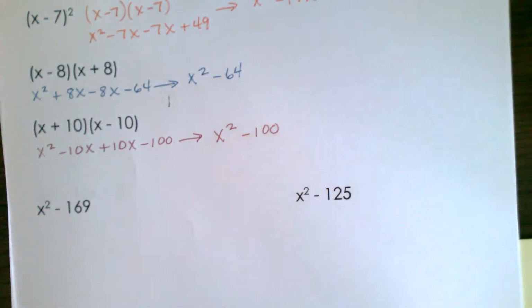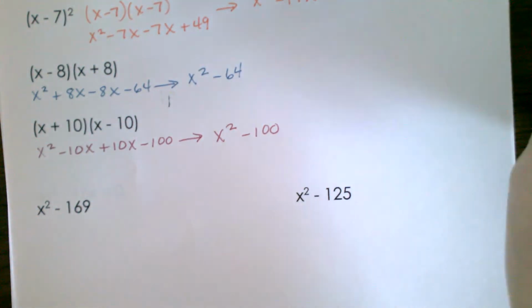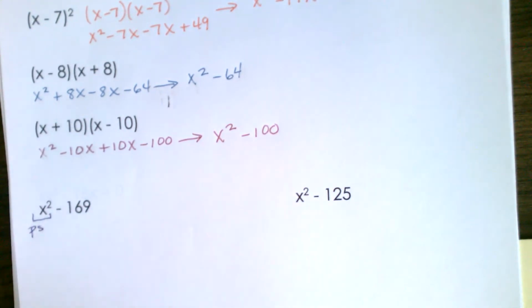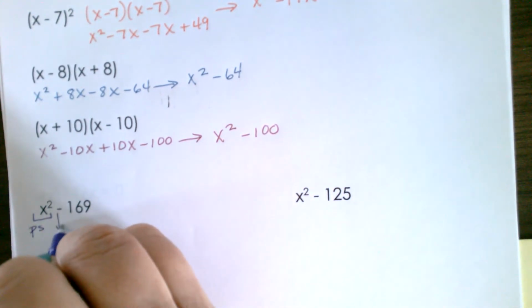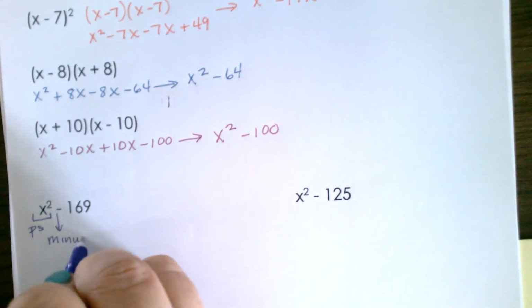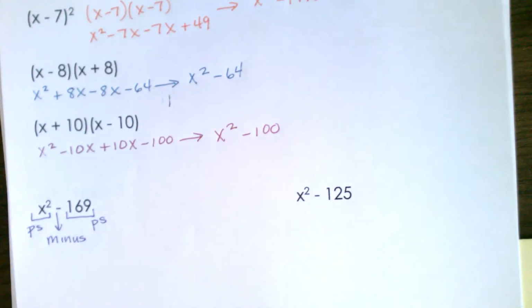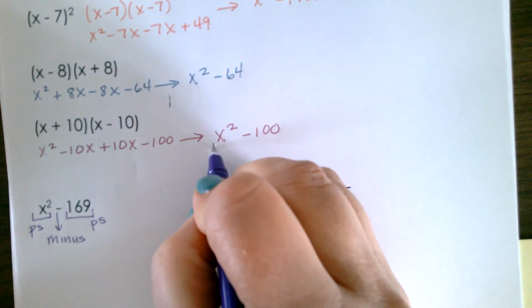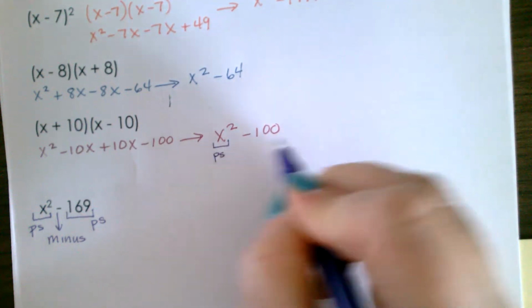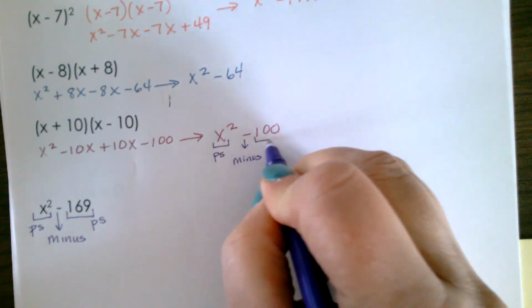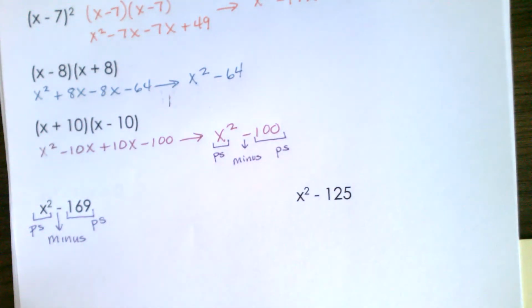Okay, what we have created now is a perfect square minus a perfect square. Well, notice that is what I have right here. I have a perfect square minus a perfect square.